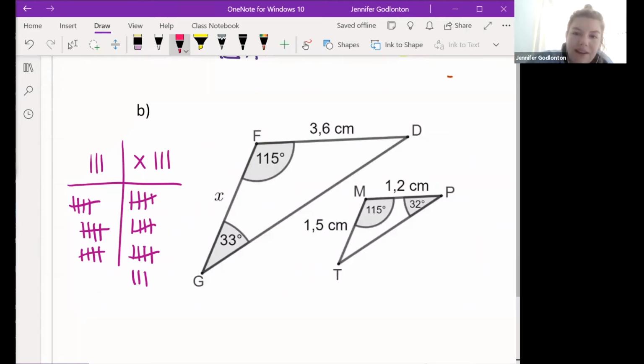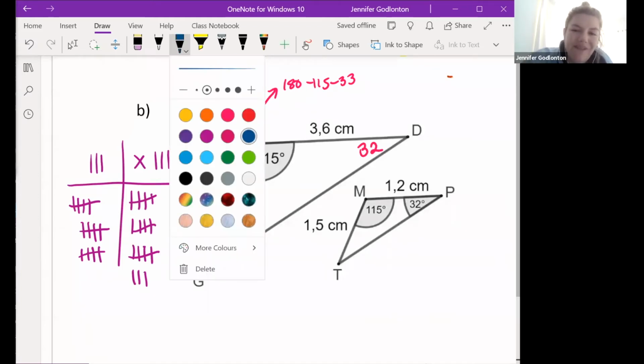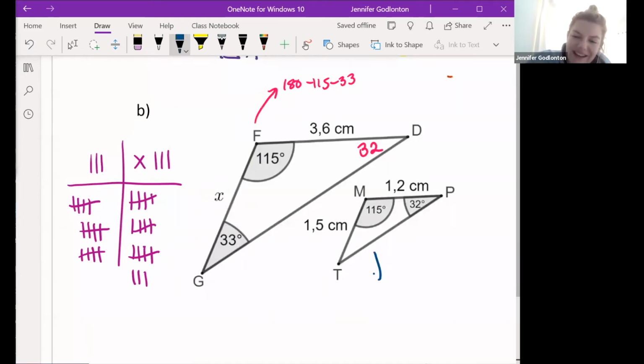So if I'm looking at this triangle over here, 180 minus 115 minus 33 is going to give me 32 degrees. If I look at this triangle down here, 180 minus 115 minus 32 is going to give me 33 degrees.